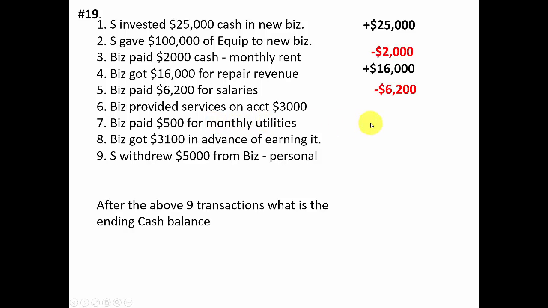That should decrease cash by $500. We got $3,100 in advance of earning it, so that will increase cash by $3,100. And we withdrew $5,000 from the business for personal reasons. That will reduce cash by $5,000. Combine all these amounts, and the cash balance should be $30,400.